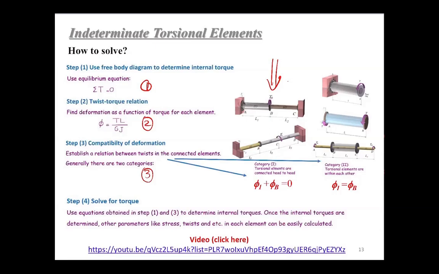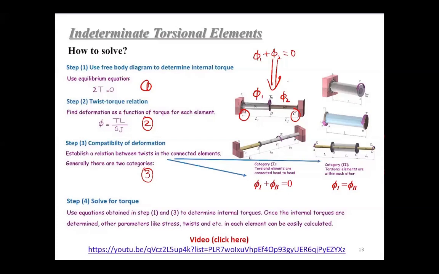Meaning that at point A and point C, no phi will be allowed. Even though you will have phi 1 here and phi 2 here, phi A will be 0 and phi C will be 0. Meaning phi 1 plus phi 2 equals 0.